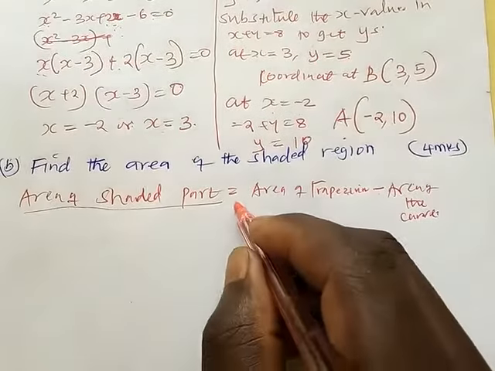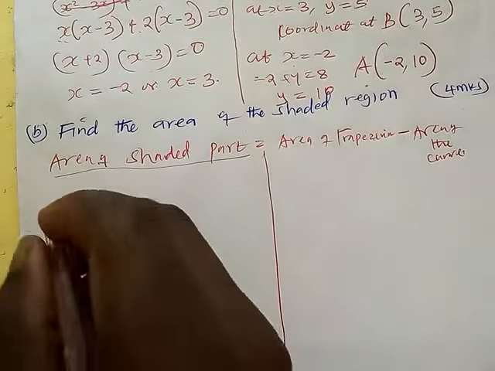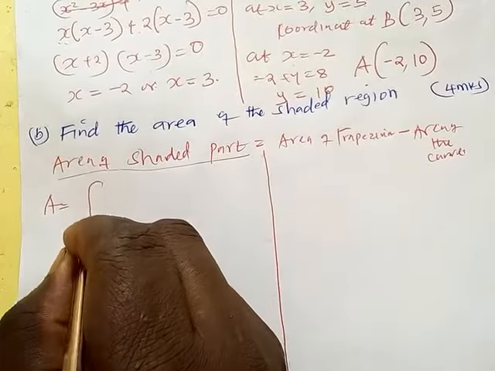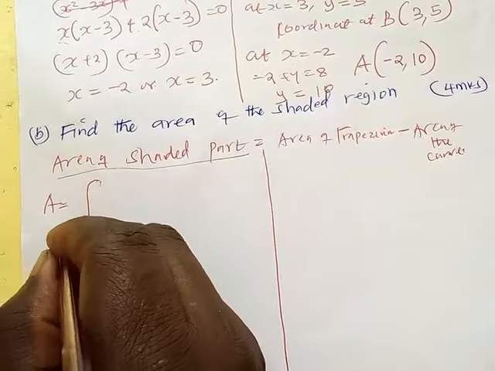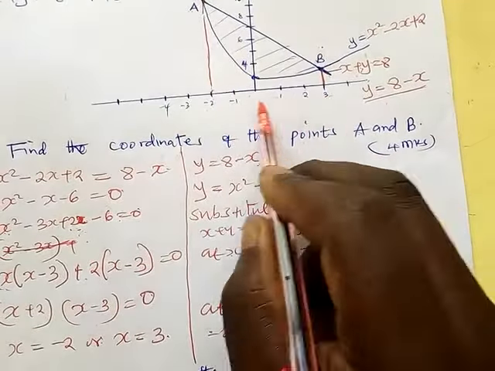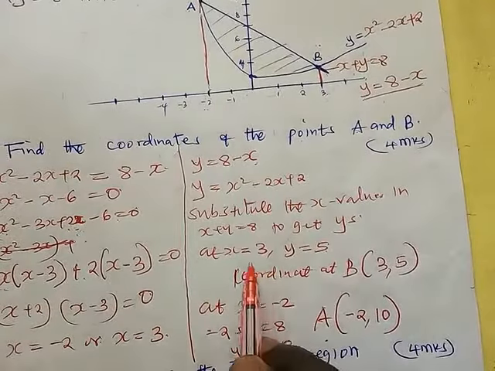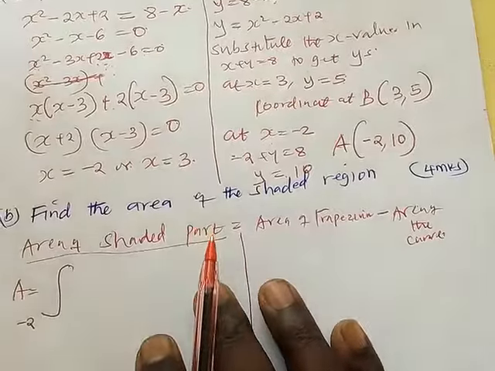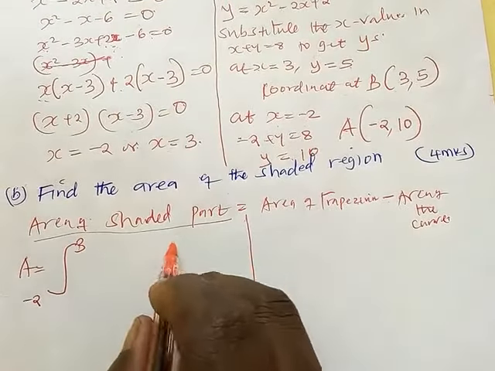How do we calculate the area of the curve? We use the integration method to get the area. And we have our limits as -2 and 3, the x values, because we know our x is -2 and 3. Now we are integrating what?